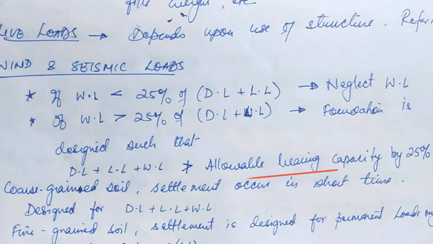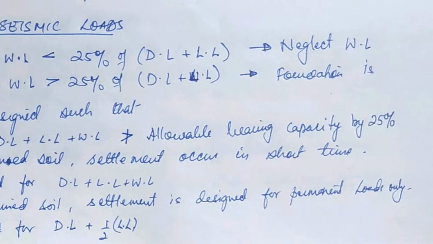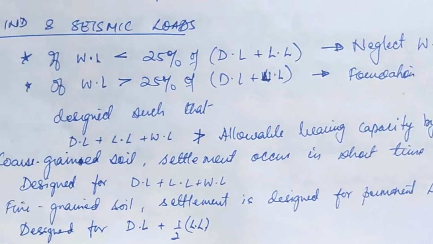In coarse-grained soils settlement occurs in short time, and it is generally designed for dead load plus live load plus wind load, while in fine-grained soil settlement is designed for permanent loads only. And let me tell you that half of live load is actually considered as dead load, and thus for fine-grained soil settlement is designed for combination of dead load plus half of live load.